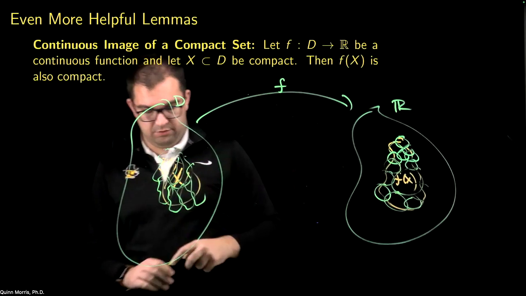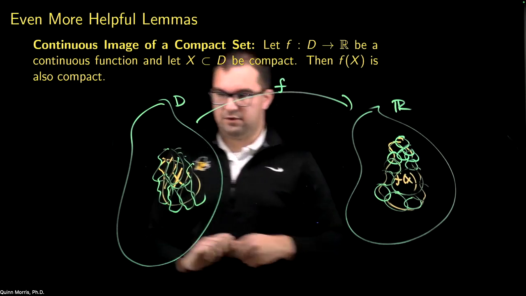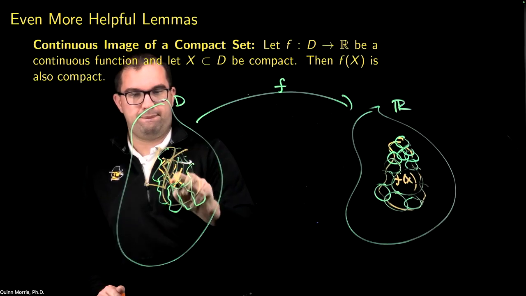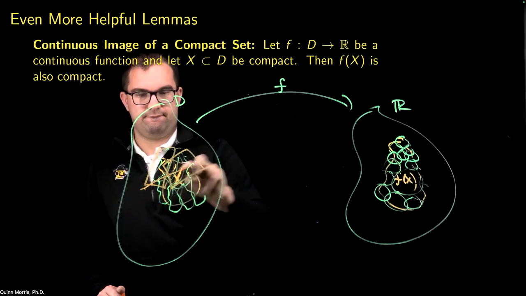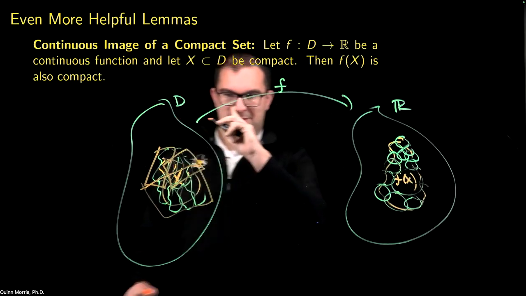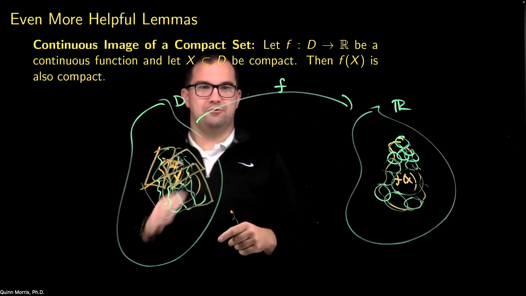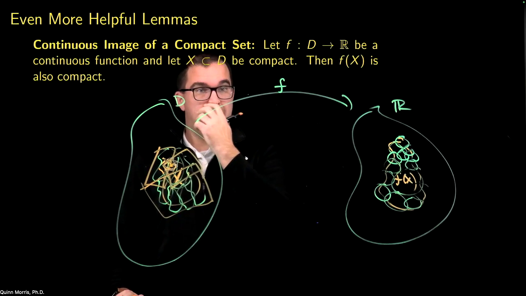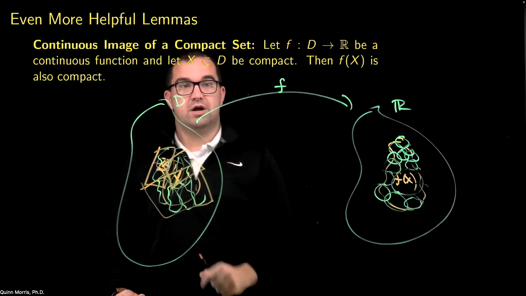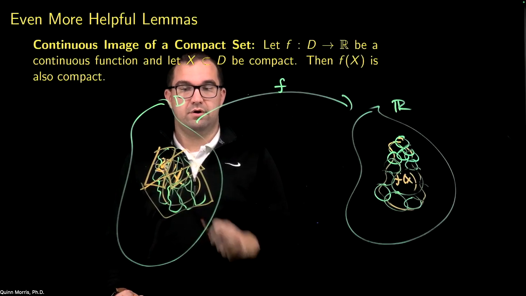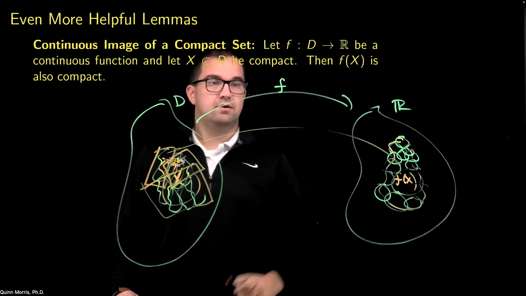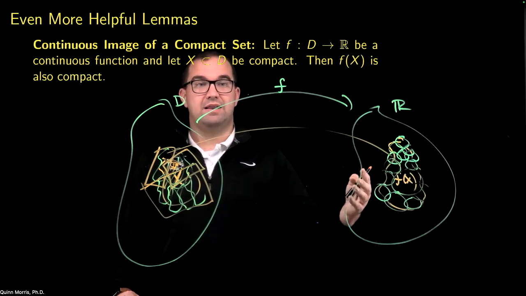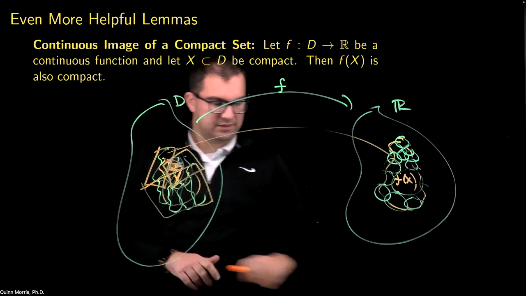So maybe really I only need these few, maybe only like 3 open sets over here from my original open cover to cover the whole thing. So I found my finite subcover, and now I just map them back to the sets over here that they originally came from. That gives me my finite subcover of f of X.